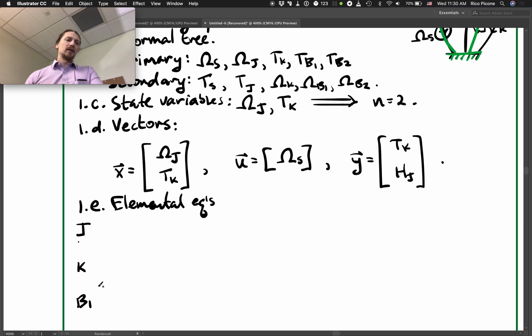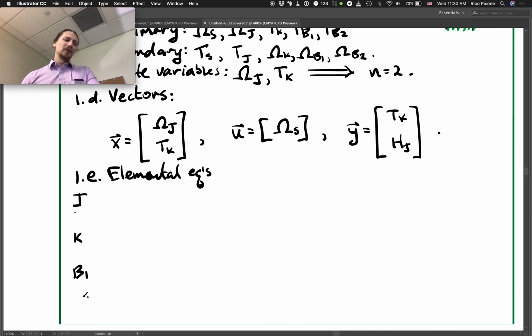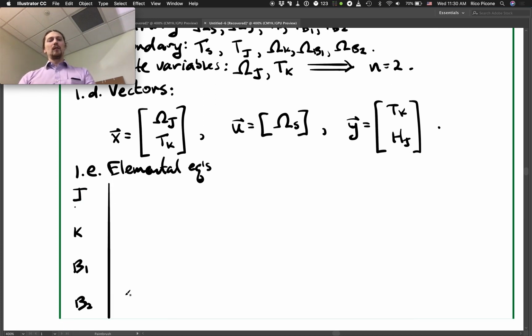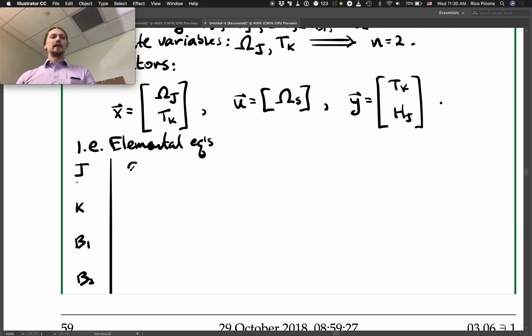It's not really for fun, it's just to keep track a little bit easier. So our elemental equations are d omega J dt. This is the Newton's second law analog for rotational systems: 1 over J times TJ.